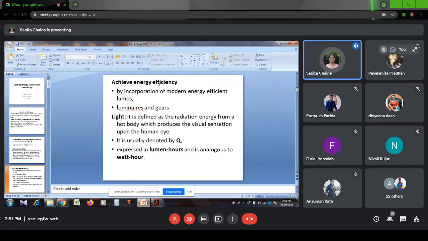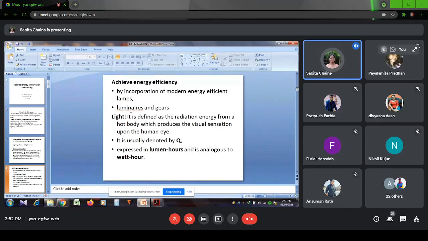By incorporating these three terms, energy efficient lamps, luminaires and gears, we can achieve energy efficiency. You only write these three terms.